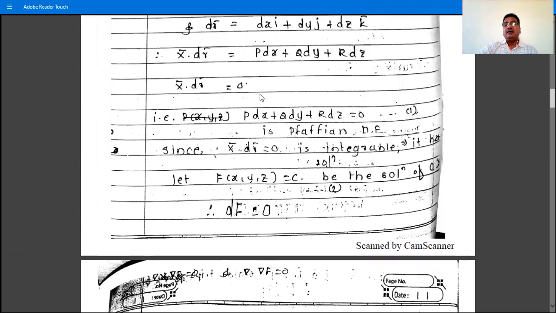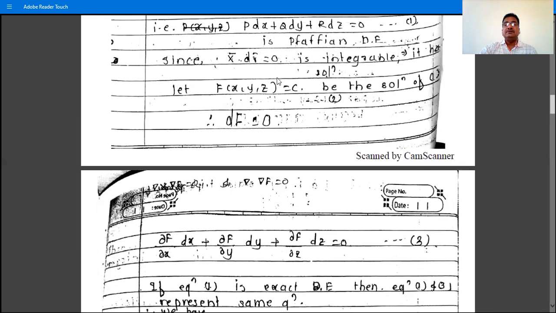It has a solution means this equation is either exact or reducible to exact. That is, either it is exact or it has an integrating factor, and after multiplying by that integrating factor, it becomes exact.